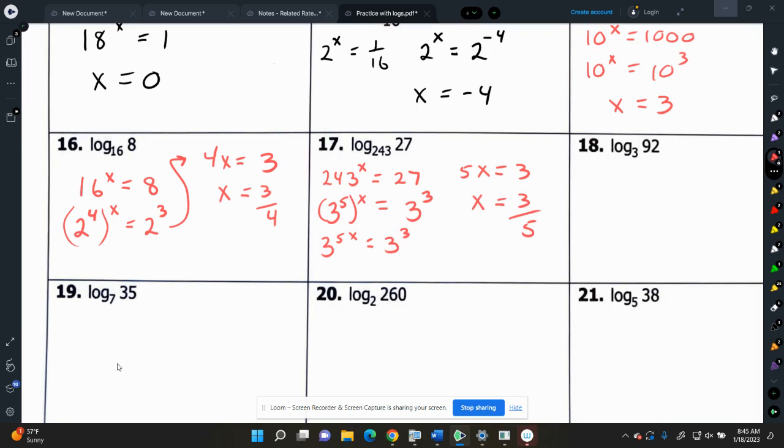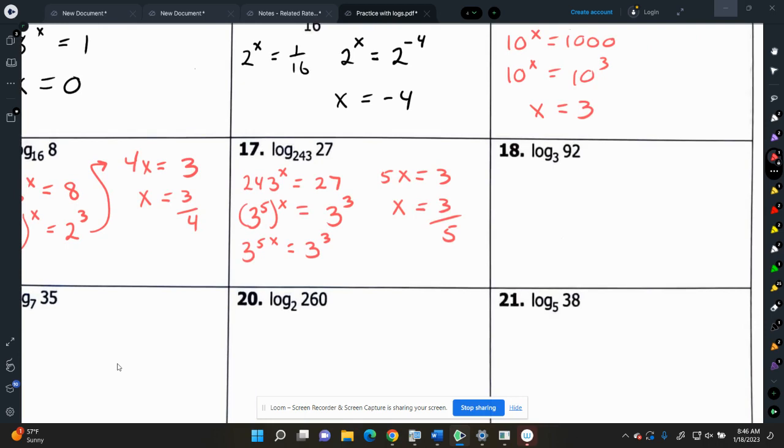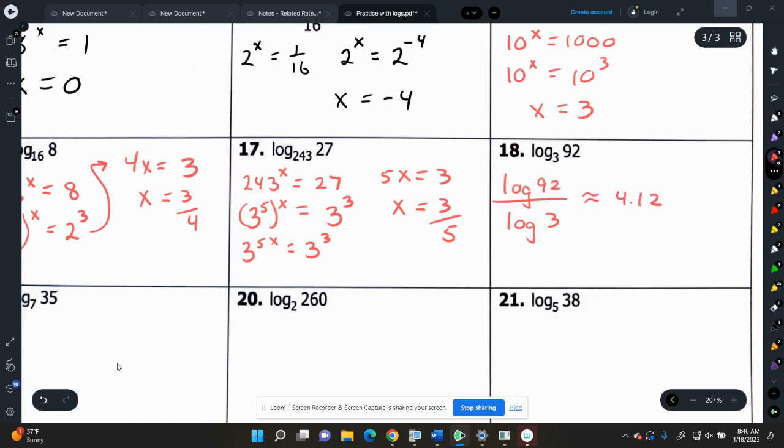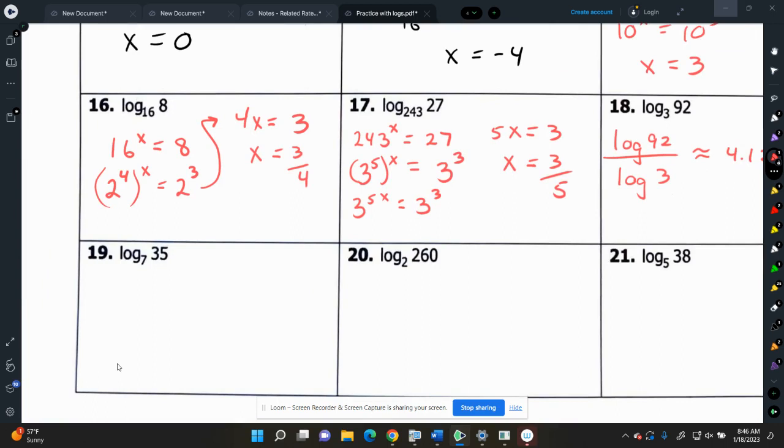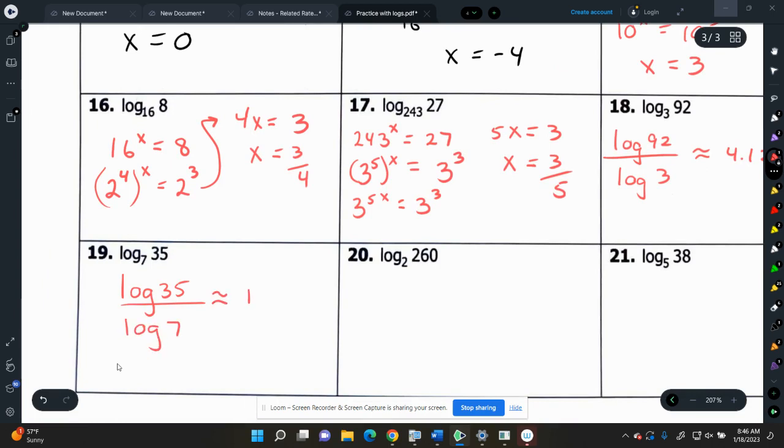Okay, the rest of these, I'm going to have to use my change of base because I cannot write it using the same base. So here we're going to get log 92 divided by log 3, and that is approximately 4.12. 19, we have log 35 divided by log 7, which is approximately 1.83. 20 is log 260 divided by log 2, which is approximately 8.02.